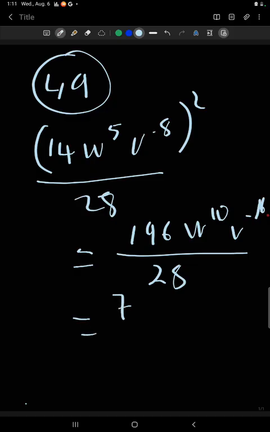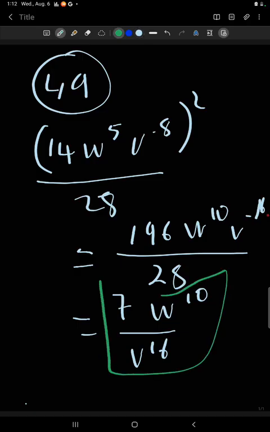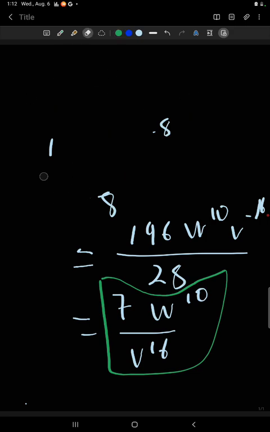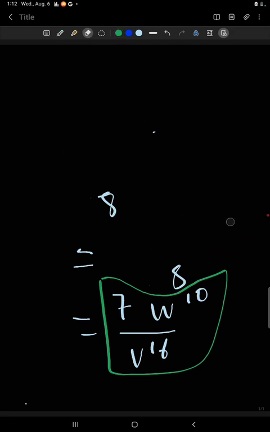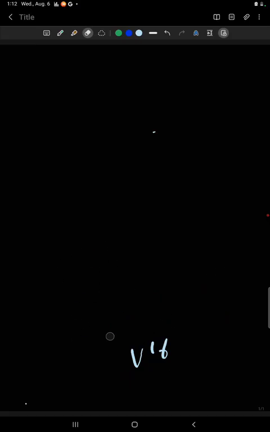Okay, and then you get your w to the 10th power, and of course the v comes to the bottom, and that's what you're left with. Okay, that's 49. And then lastly, of course, we're going to do the 50th question.